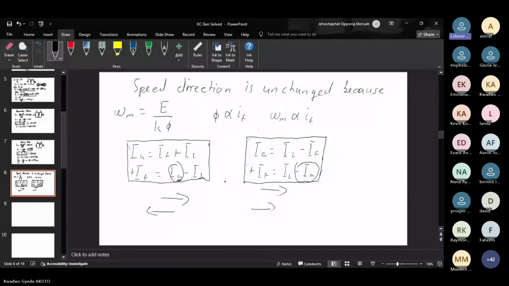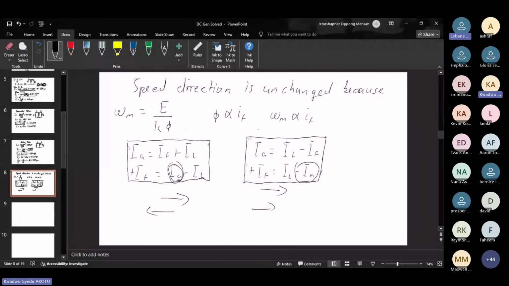So with that in mind, we know that our torque depends on our IA, whereas our speed depends on our IF, right?